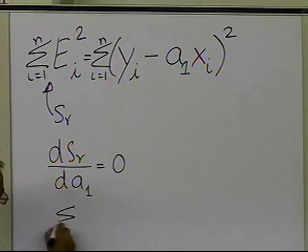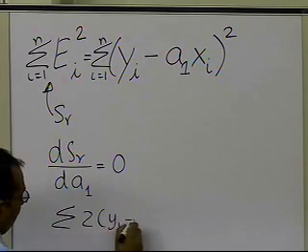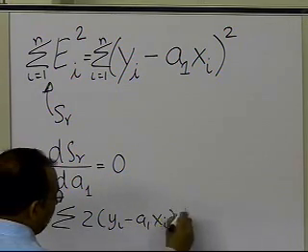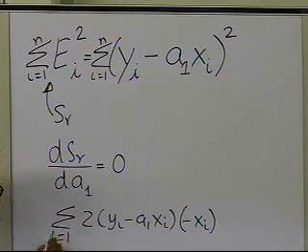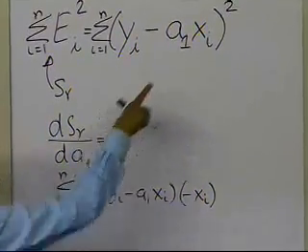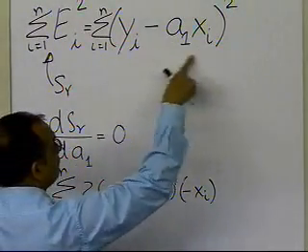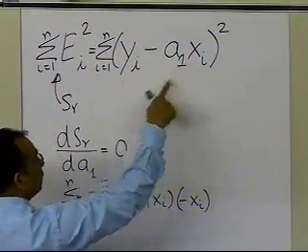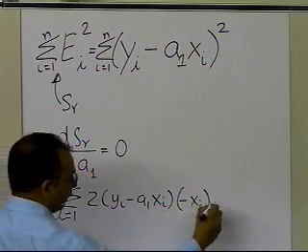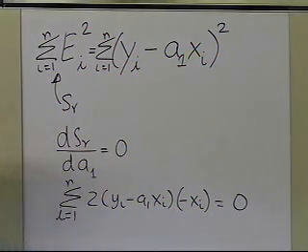It will turn out to be 2 times the summation of (y_i minus a1 x_i) times minus x_i, going from i equal to 1 to n. So it is 2 times this quantity times the derivative of the parenthesis quantity with respect to a1, which is minus x_i, and I'll have to put that equal to 0.